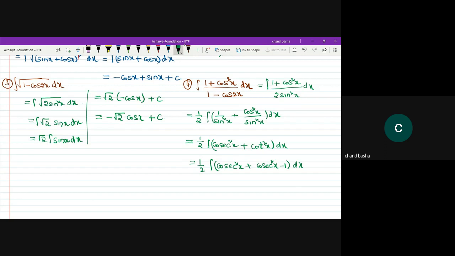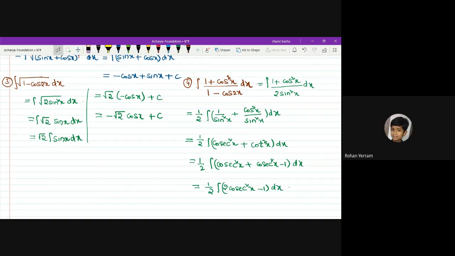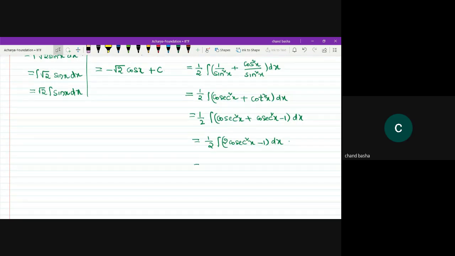This is equal to 1 divided by 2 integral of 2 cosecant square x minus 1 dx. So 2 we can take as a constant, sir. You can apply integration for individual terms.